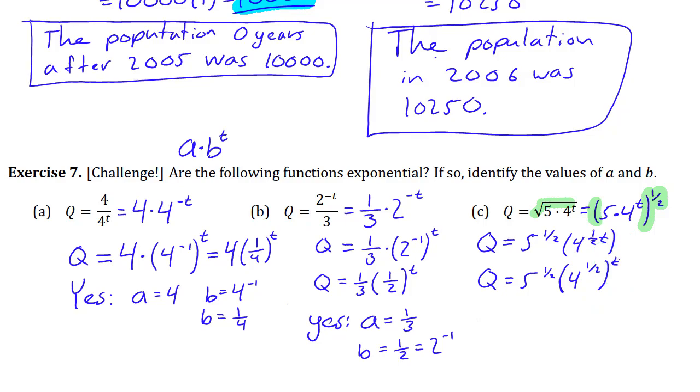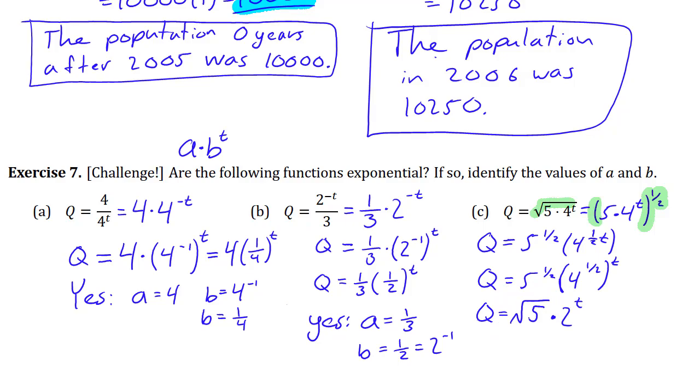And 4 to the power 1/2 is the square root of 4. And the square root of 4 is just 2. And same thing with the 5 to the 1/2. You can write that as the square root of 5 if you want. It doesn't matter.